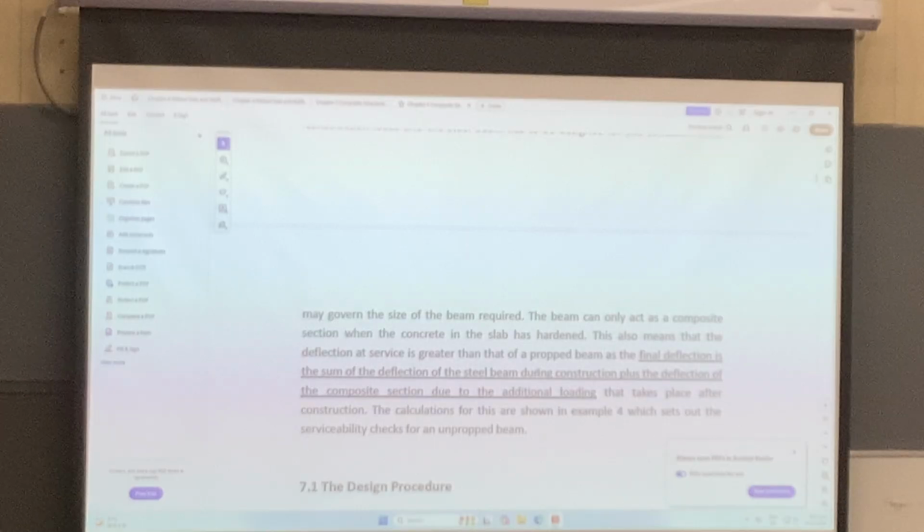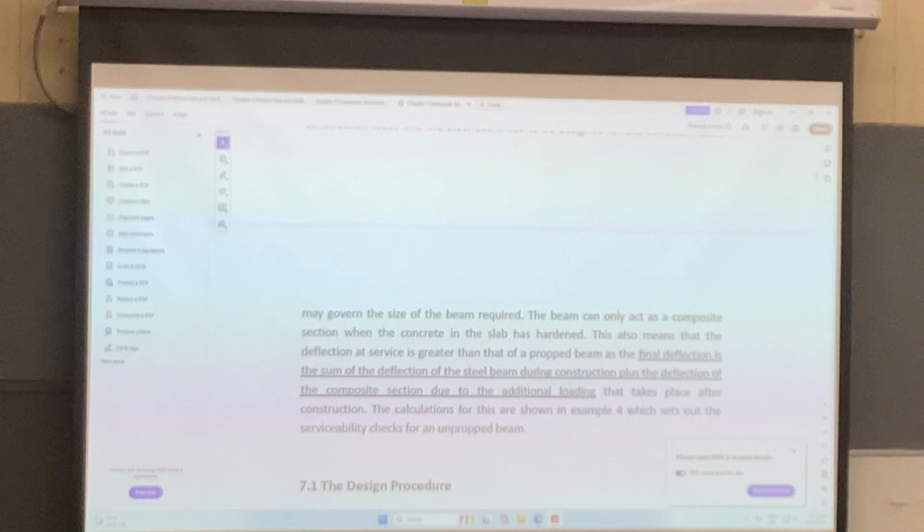So this is the loading stage. And then this is the composite stage. What I mean? Because due to the construction stage, the steel beam itself will have stress, compression, and tension. And then after the concrete part, then you have the overall composite stage. That means the whole section will bend together. So your stress will be this one plus this one. Okay?